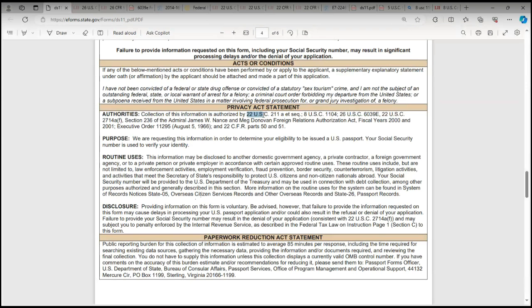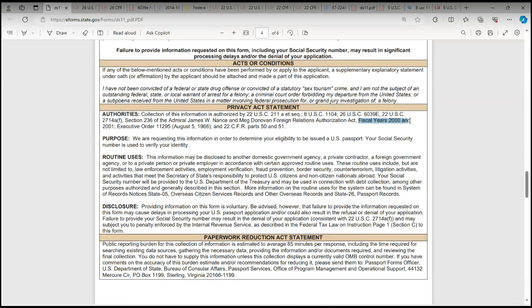So 22 USC 211A, 8 USC 1104, 26 USC 6039E, 22 USC 2714 AF. I'm not going to go through section of the Admiral James Nance and stuff. I don't have it here anyway. It's in a law library.